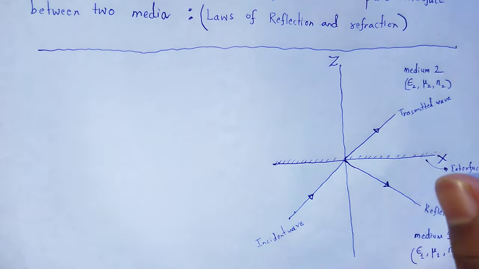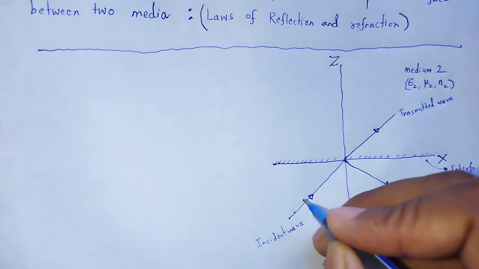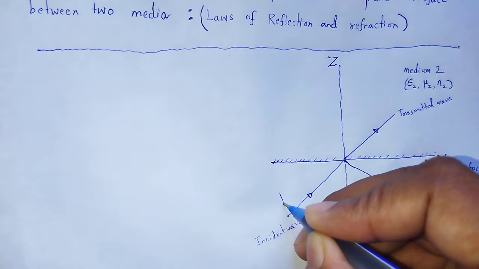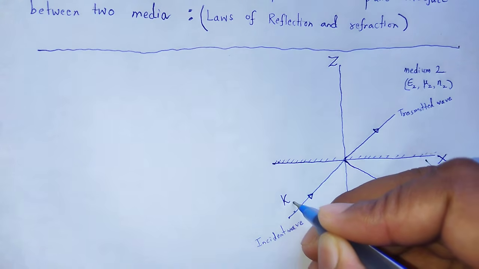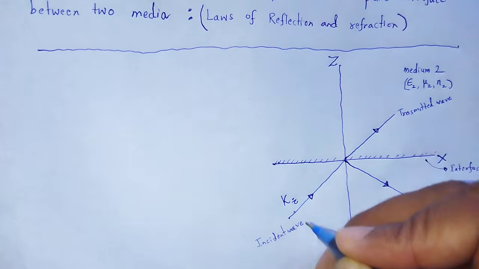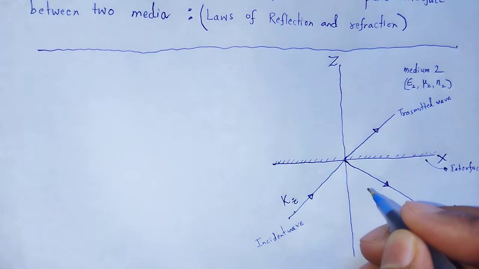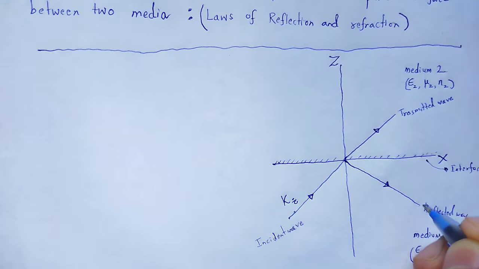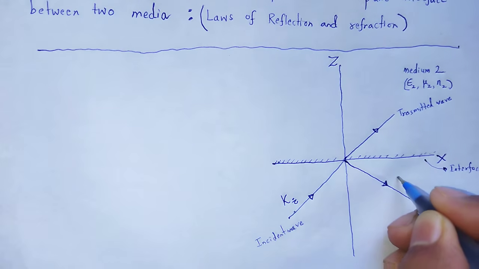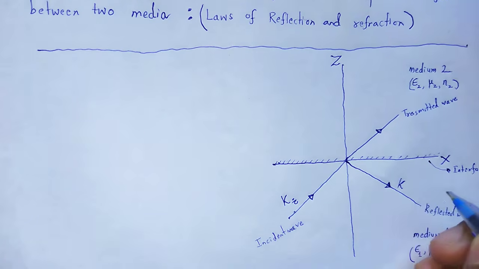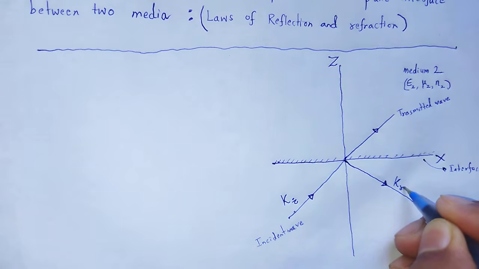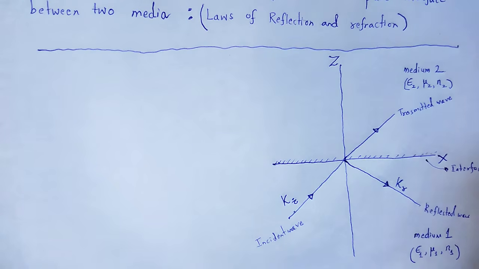And that incident wave, technically, we show it by the wave vector, that is given as k i for incident wave and k r for reflected wave.